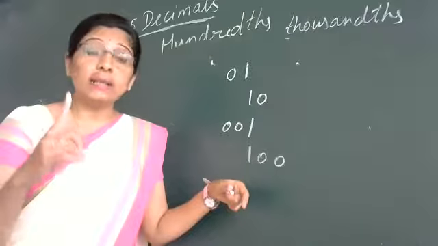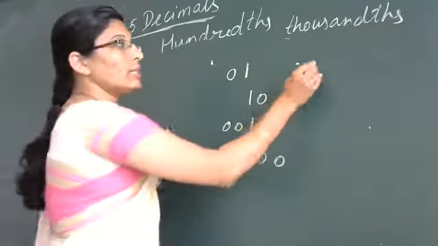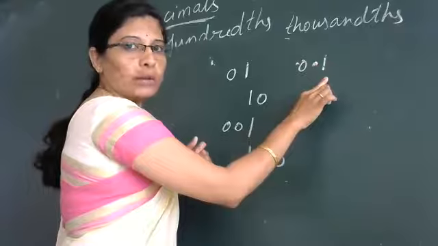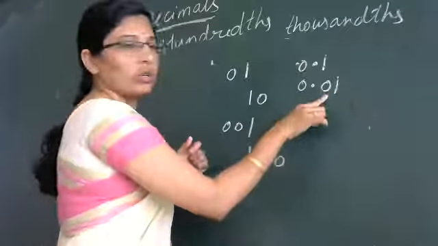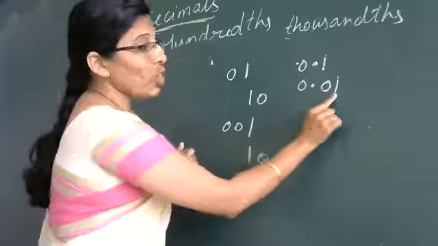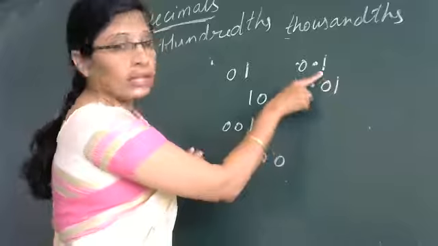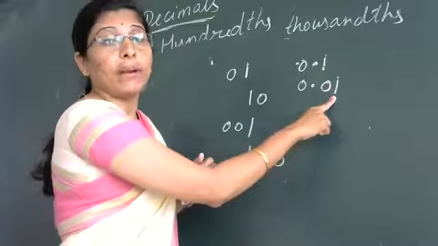But in decimals, it is opposite. In decimals, this is 0.1. If you put a 0 in front, the value will change. The place of the number 1 will change. Here it is the 10th place. Here it will become the 100th place.